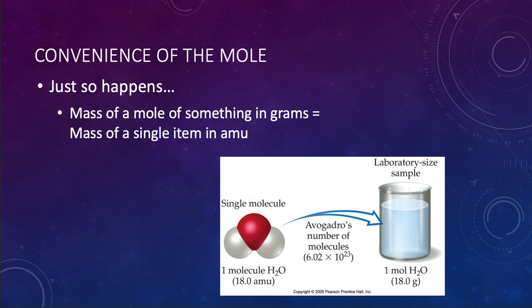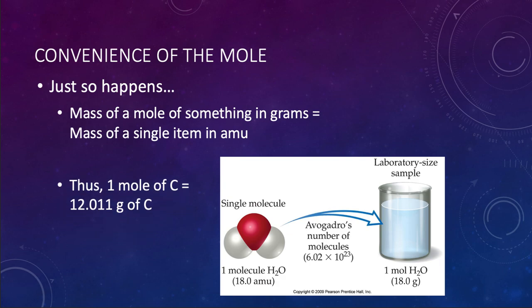Now, note that because the mass of something is given here in grams per mole, really, right? It's grams per mole of water, 18 grams per mole of water. That is actually going to be used as a conversion factor. So if we say that 1 mole of water is equal to 18 grams of water, we can now use 18 grams per mole as a conversion factor, and we will.